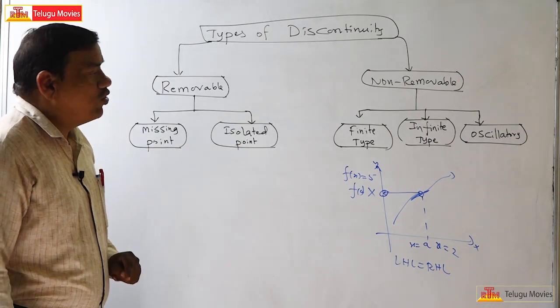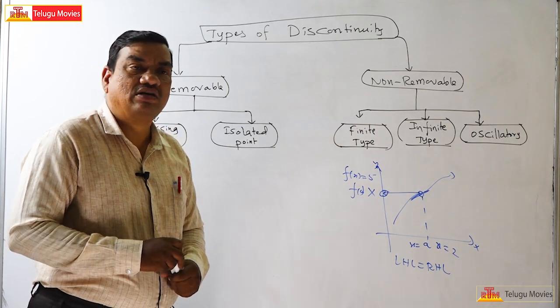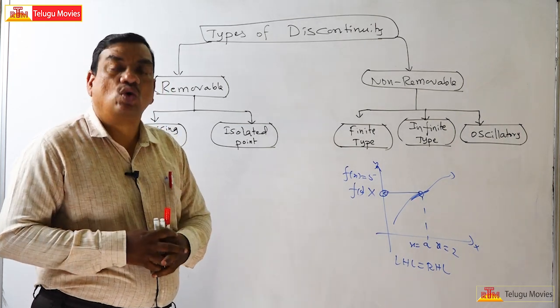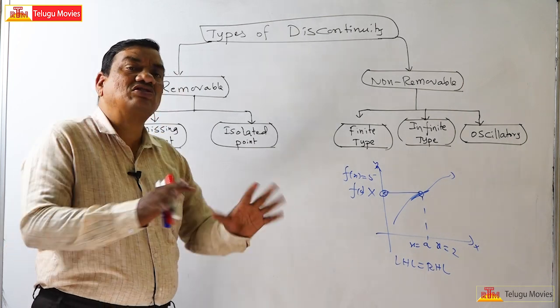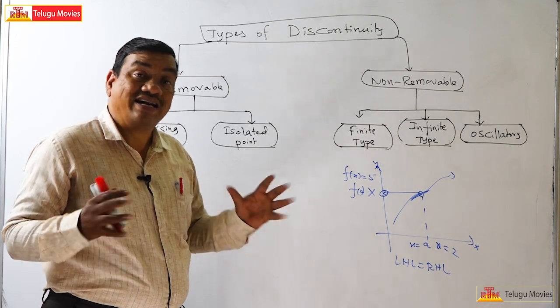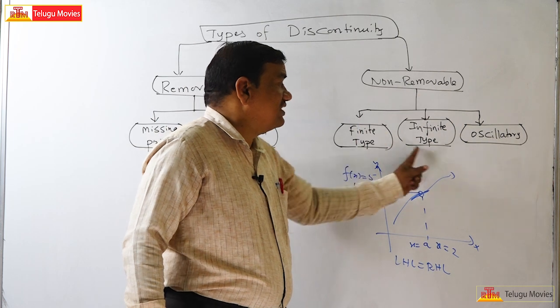Coming to non-removable, it is impossible to remove the discontinuity. That means we cannot make them closed, we cannot connect those two curves. So that is called non-removable. In this there are three cases.